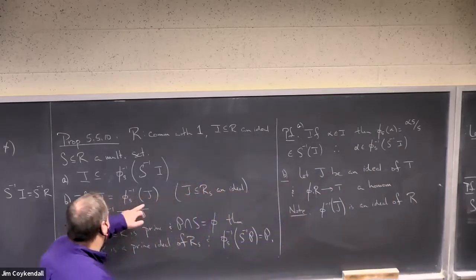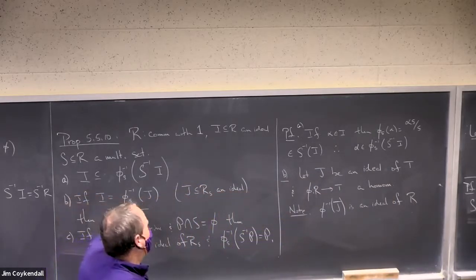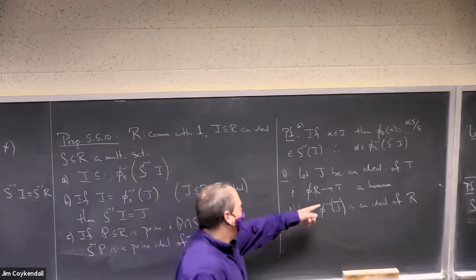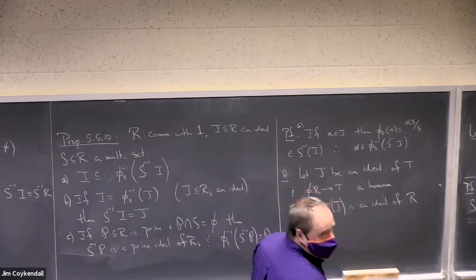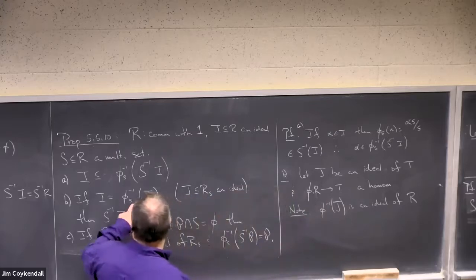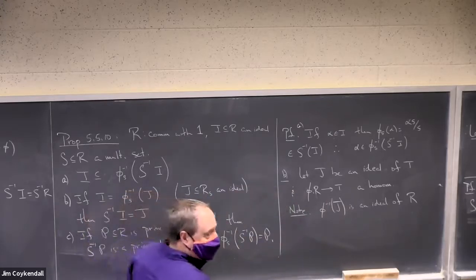I'm going to prove that the inverse image of any ideal of a ring is an ideal in the pre-image, which is actually much more general than this, and then I'll fix it up here.